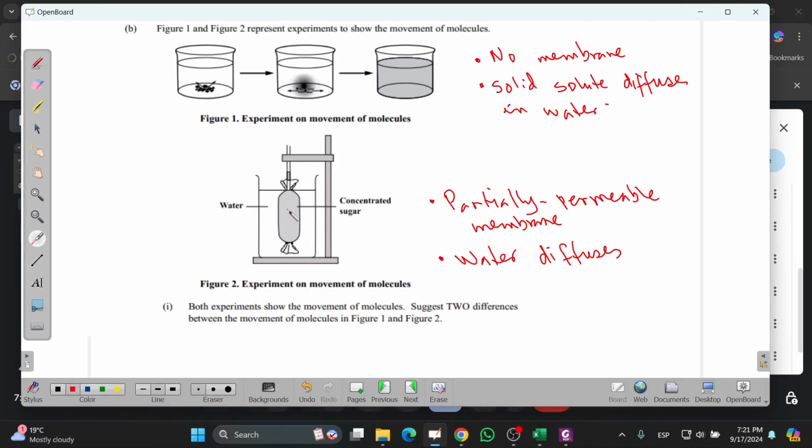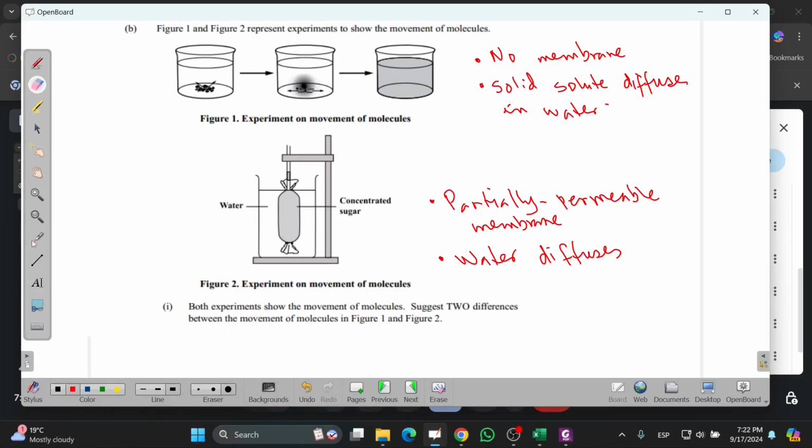One, if we bring some sugar into this water, if sugar could have come out of here into this water, eventually we would have had sugar solution in here and sugar solution out here, both of the same concentration, both of the same level of sweetness, right? However, sugar molecules are not allowed to go through the tubing.